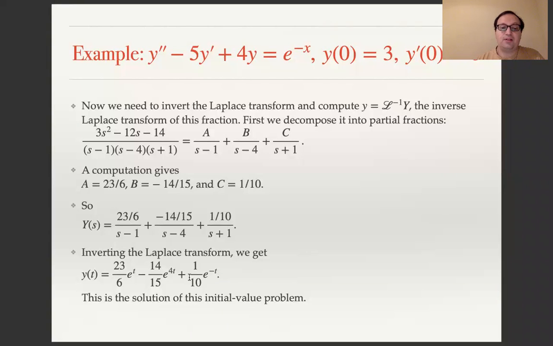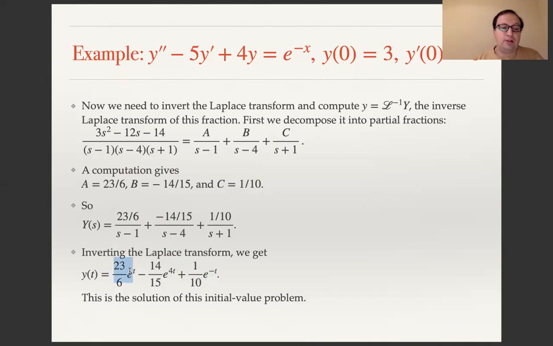So if we think in terms of the previous method that we used, the method of the auxiliary polynomial and undetermined coefficients, then 1 over 10 e to the minus t is the particular solution of the equation that corresponds to the source term.